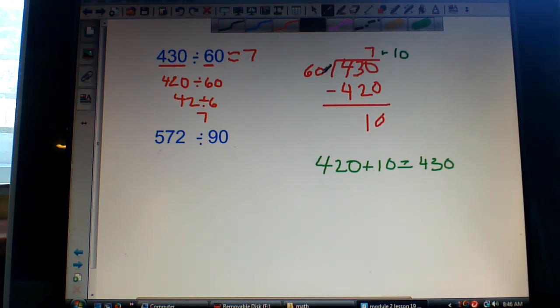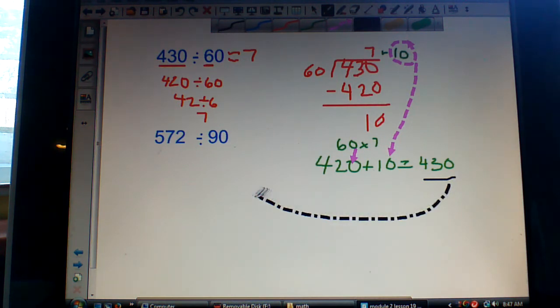So you would get 60, I'm sorry, I'm doing this sort of backwards, times 7 would give us 420. Then we have the remainder of 10, and we're putting that here. And then when we get our answer, when we add everything together, we have 430, and 430 circles back to that. Okay, does that make sense?